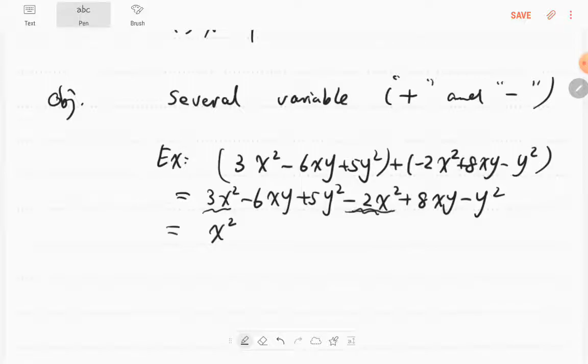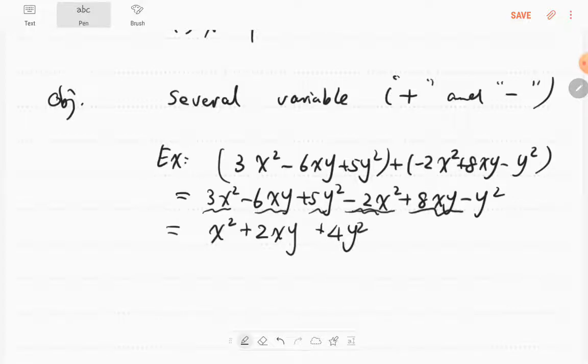Negative 6xy. We also have the xy term. Plus 8xy. So negative 6 plus 8, we will get plus 2xy. And the 5y squared, we also have the y squared term. 5 minus 1, we will get 4y squared term.